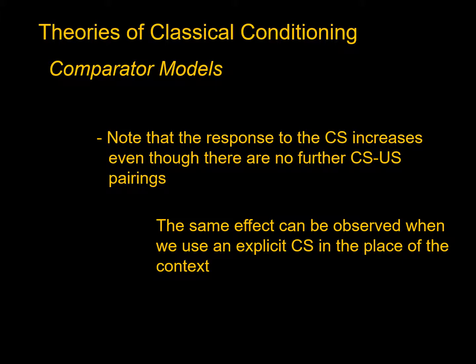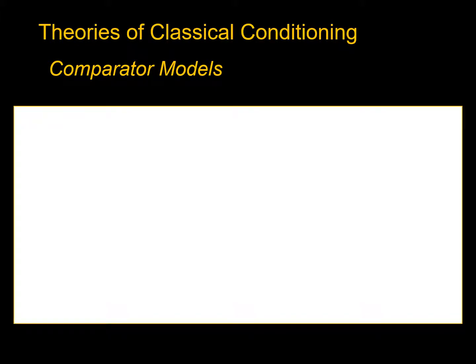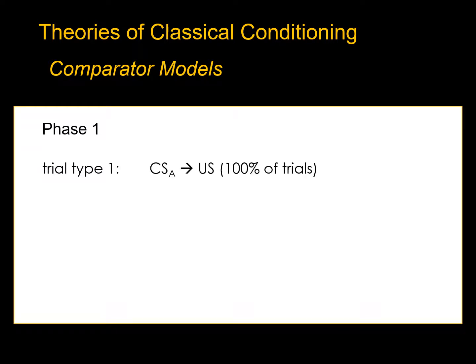So here, I run a little experiment where in our first phase, there's going to be a couple of different types of trial. On trial type 1, CSA, whatever that is, is going to lead to the US every time it happens. So we'll just call CSA the light. So the light comes on, you get a shock.